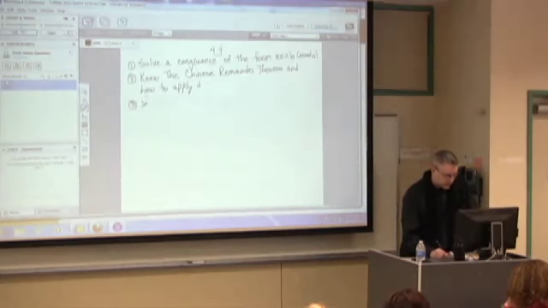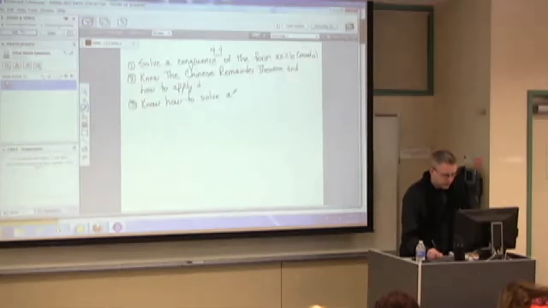Third thing, know how to solve, we've talked about this too. You also have a homework problem like this. Congruences of the form, with two variables, ax plus by congruent to c mod n.